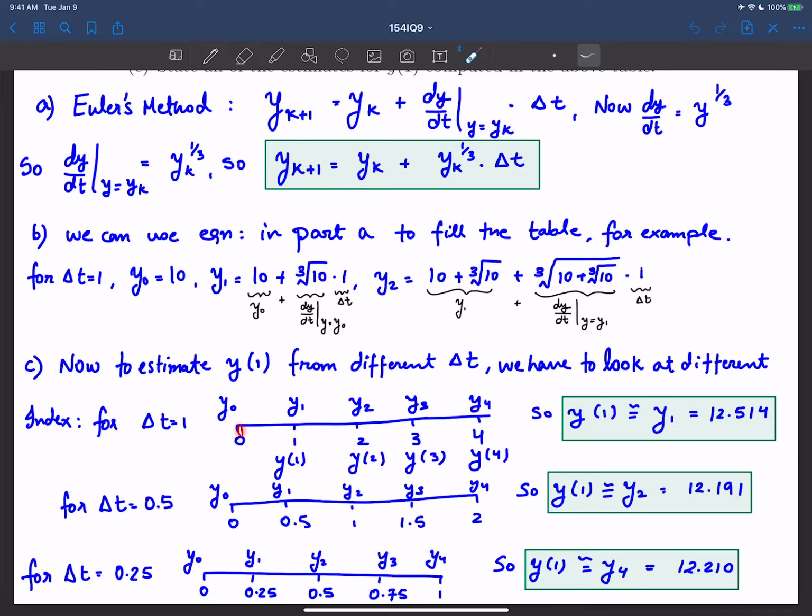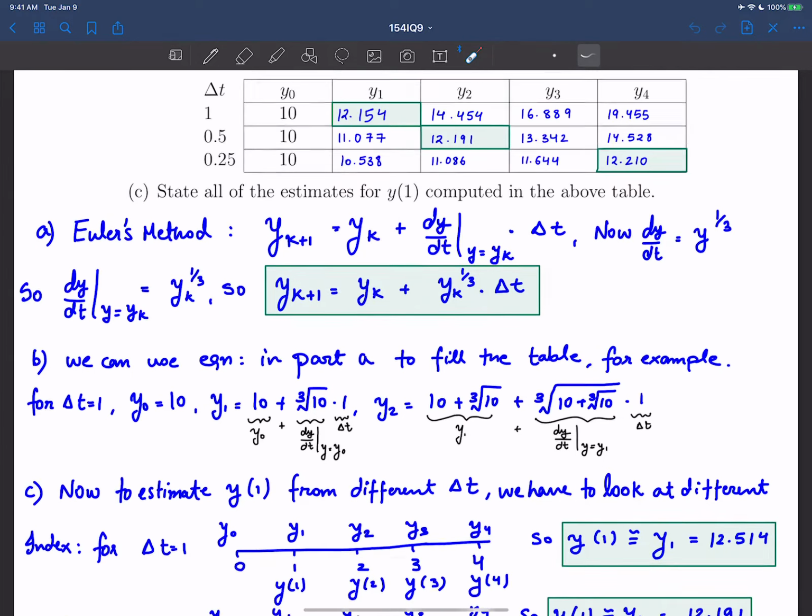So here, when you're looking at delta t, y of 0, y of 1, y of 2, y of 3, y of 4 are representing 0, 1, 2, 3, and 4 respectively, because the step distance of delta t is 1. Okay, so to estimate y of 1, we need y1, and y of 1 is roughly going to be equal to y1 of the first table.